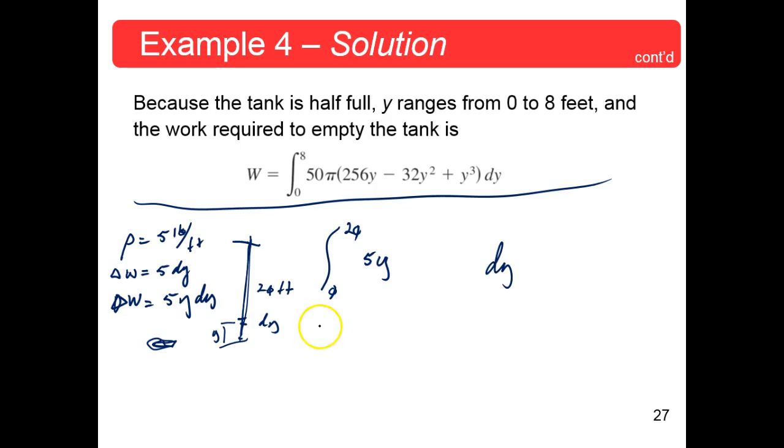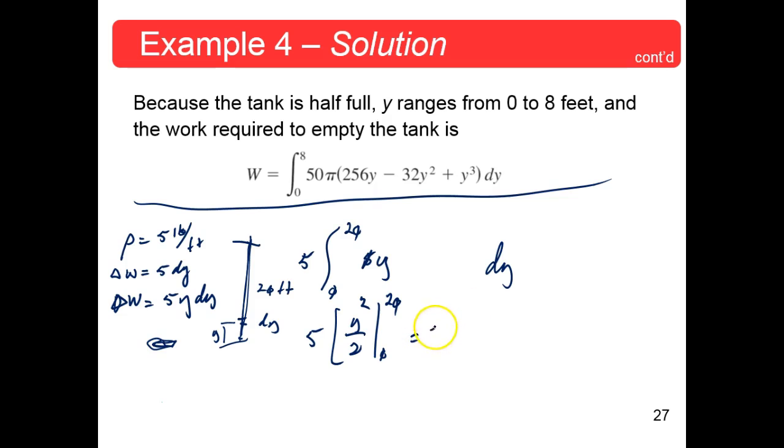What's the integral there? The antiderivative? Oh, we can pull the 5 on the outside. Let's do that. And what's the antiderivative of y dy? Pretty easy. Y squared over 2. Evaluate that from 0 to 20.